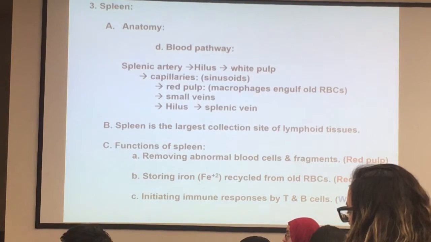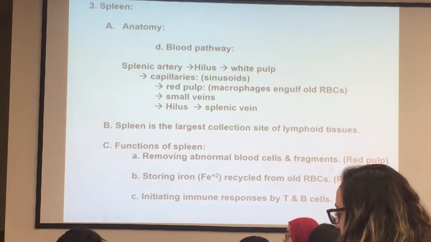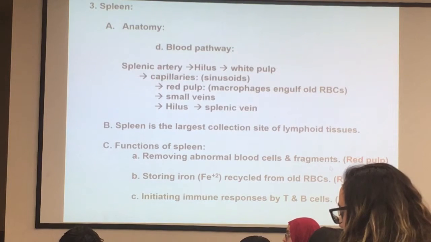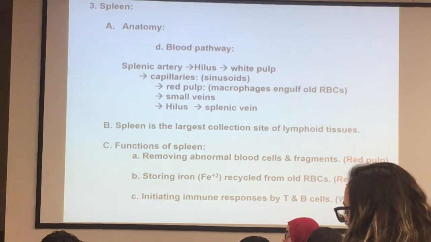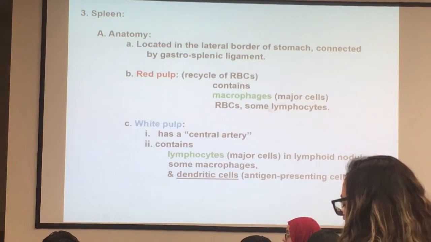And not only red blood cell, all the abnormal cell or fragment, the old cell, they can take care of. They all are taken care of by macrophage. Okay. So in this part, that's why I mentioned that in the red part, you highlight macrophage. Okay.